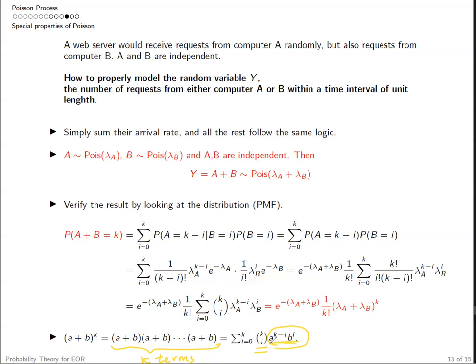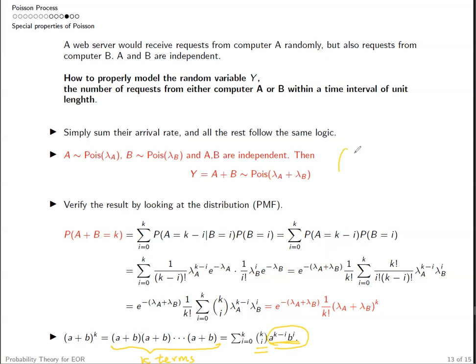So for example, if we choose i equal to 0, that basically means we need to select a in each of these k terms. That's k choose 0, right?